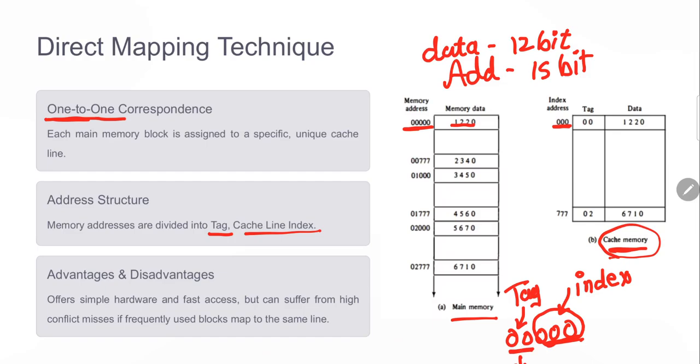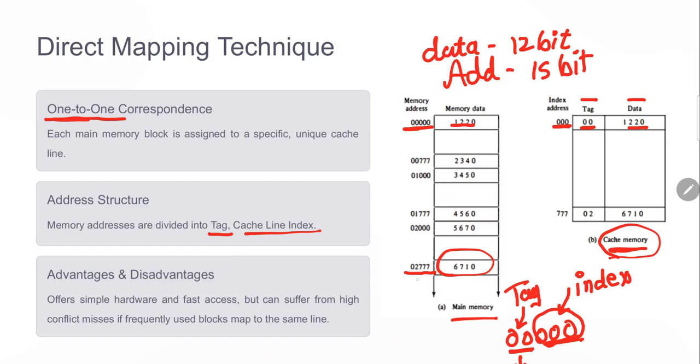Then we'll store the tag in the memory. In cache memory it is divided into two parts, tag and data. In the tag part we store the 00 over here, and in the data part we store the data. Similarly, here we have 02777, and the data is 6710.